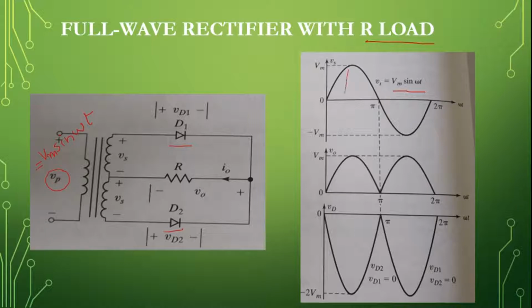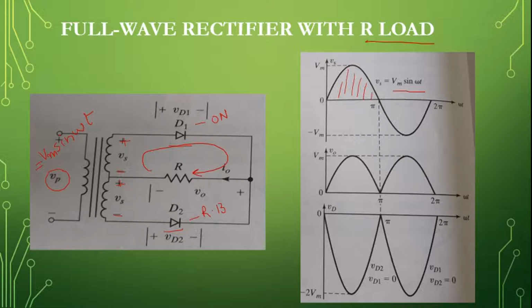So we will consider the working. During positive half cycle, the input here will be positive with the polarity shown. So what will happen? This diode D1 will be forward biased, whereas D2 will be reverse biased. So the current starts flowing through this D1 through the load.